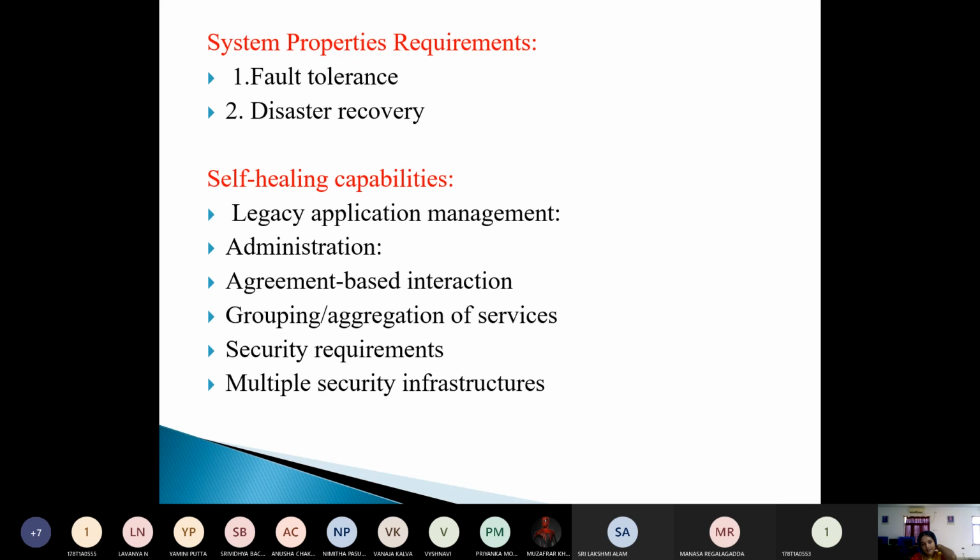Next are self-healing capabilities, legacy application management, administration, agreement-based integration, secure grouping, aggregation of services, and security requirements with multiple security infrastructures. These are the different problems which are managed by the OGSA itself.